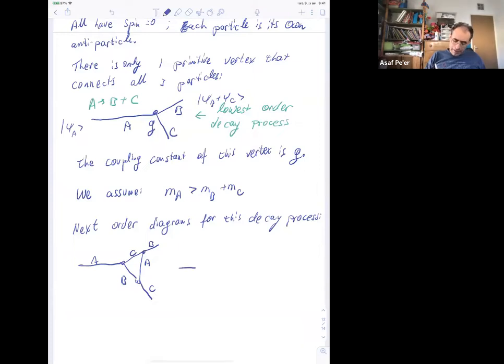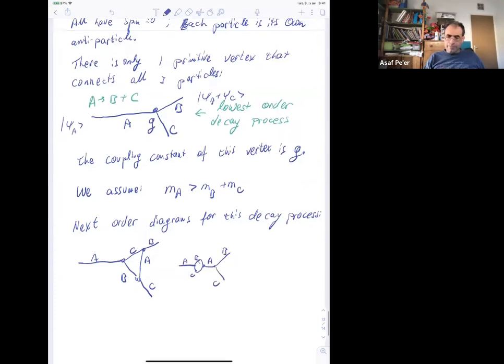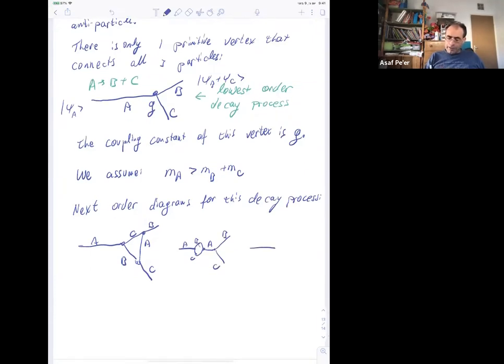You can also have something like A, B, C, and then they reconnect, but it has to form an A because each vertex has an A, B, and C, and that goes into B and C. Or an A that goes into a B, C, and then the C goes into A and B, but then they have to reconnect again to form a C again.